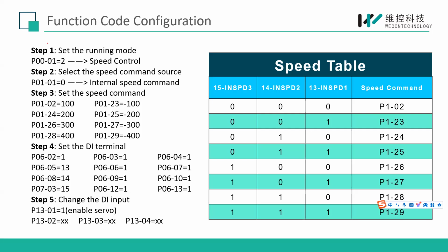The second step is to select the terminal speed command. The third step is to set the speed value you want to run in the servo, and the plus and minus sign, the positive number and the negative number, means the forward or reverse rotation of the motor.